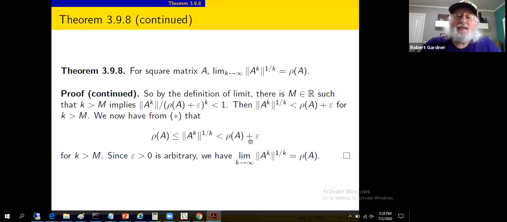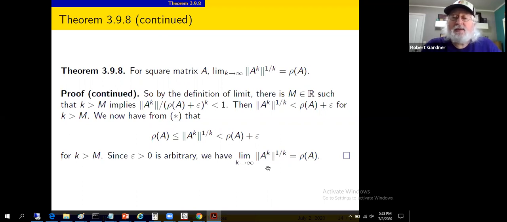So I can take this epsilon as small as I want to, and that's going to squeeze down this thing being sandwiched between rho of A and rho of A plus a little bit. This must equal rho of A. This was done for arbitrary epsilon. We must have that for k sufficiently large, and that's where the limit comes in, it equals rho of A. Sort of a sandwich type thing, not exactly a sandwich theorem, but a comparison, and then taking of a limit.